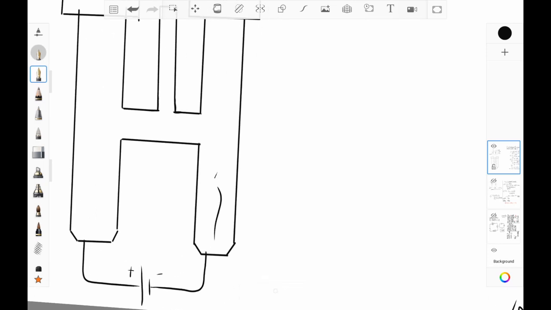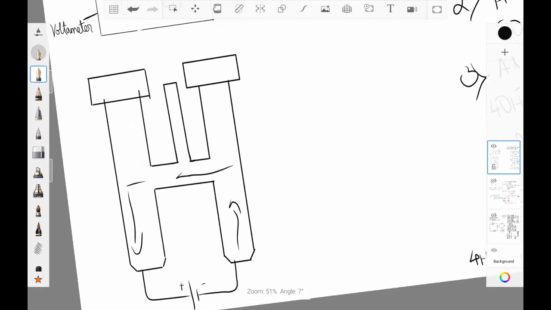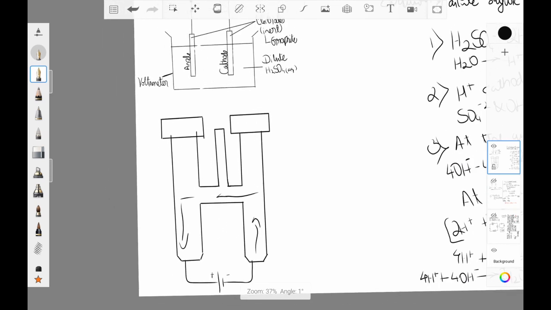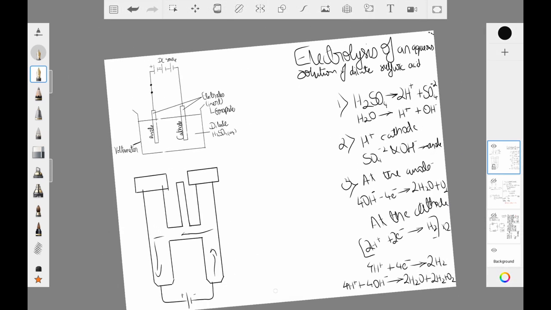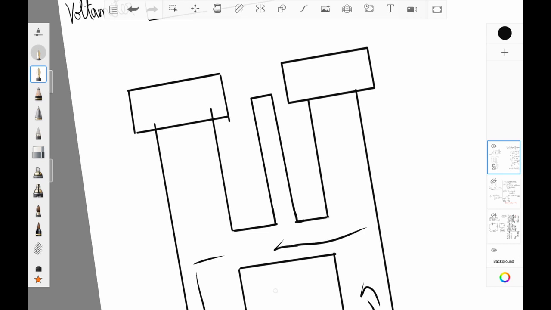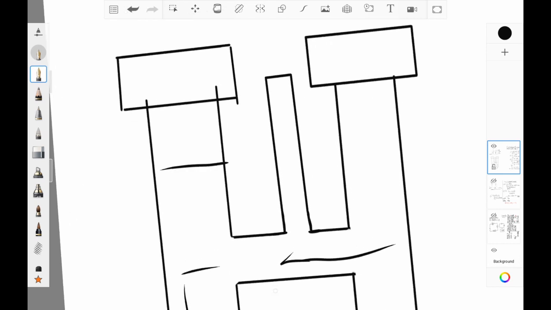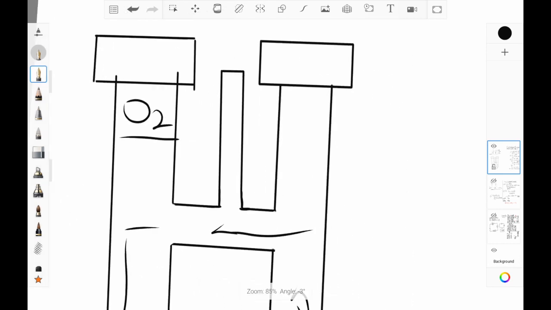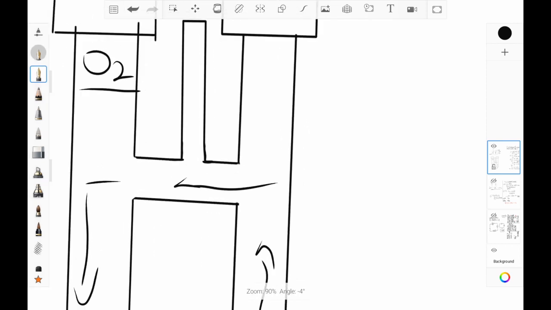Electricity will obviously travel from the negative terminal to the positive terminal, and the results will be the exact same. So at the positive terminal, you'll see oxygen forming, O2 gas, and at the negative terminal, or rather at the right hand side, you'll see hydrogen.